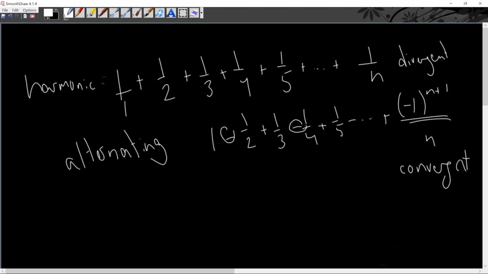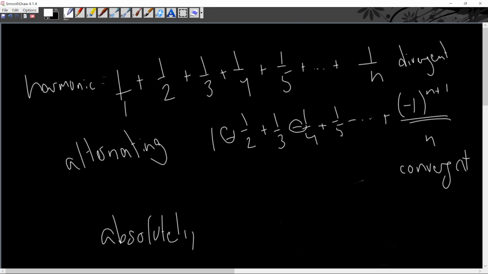But it is still important to remember that a series is considered conditionally convergent. Well, I should probably define absolutely convergent and then use conditionally convergent as the opposite of that. But absolutely convergent is by definition not going to be any alternating series.